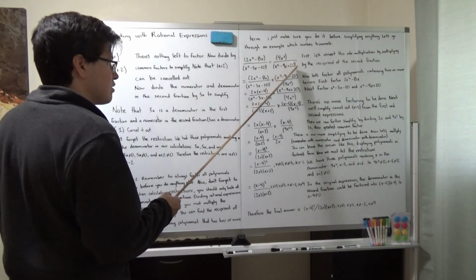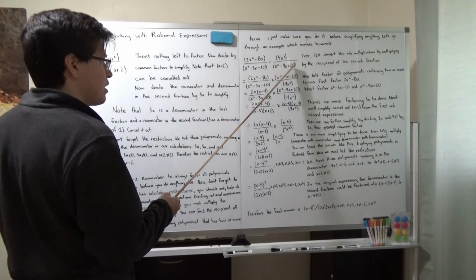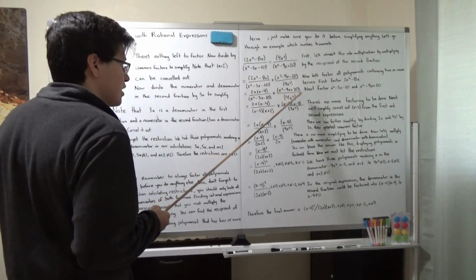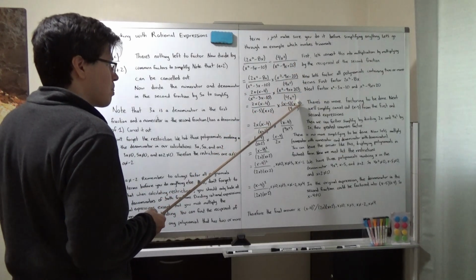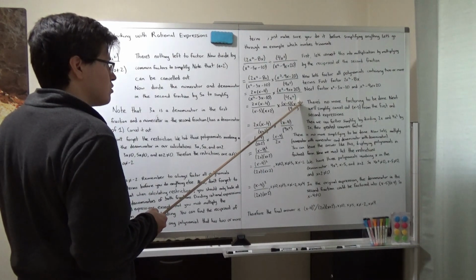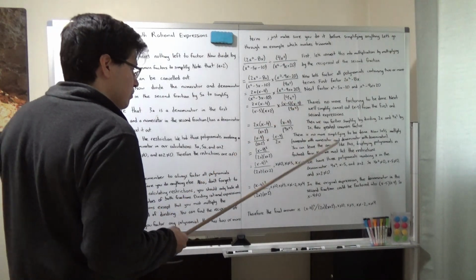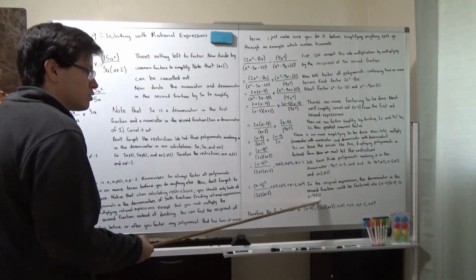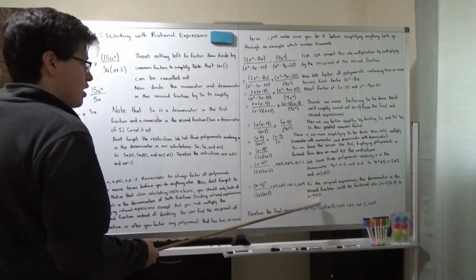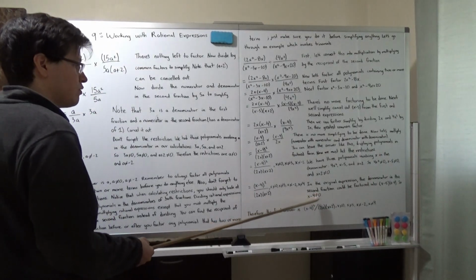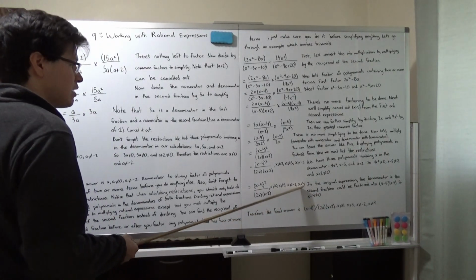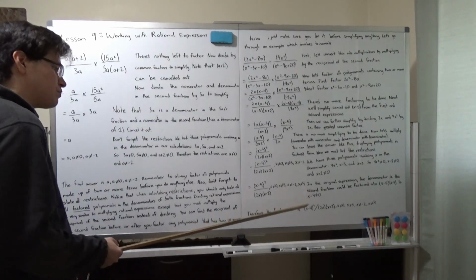So note that we had to factor the denominator to realize that we need to set x minus 4 equal to 0. So x minus 4 cannot be equal to 0, and therefore x cannot be equal to 4. So we added that to our restrictions.